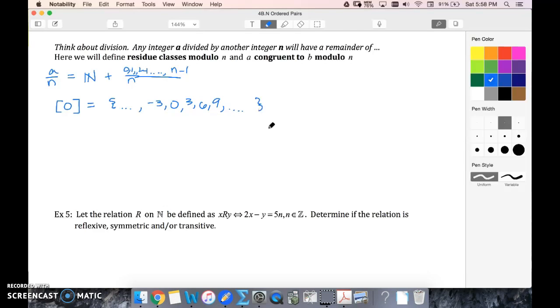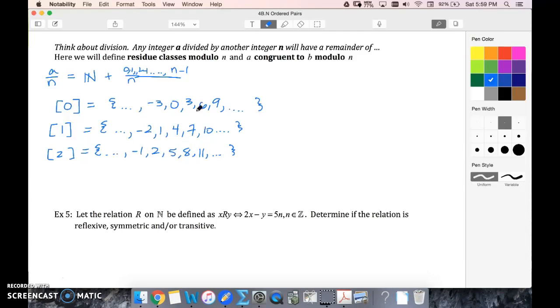If I think about numbers that would have a remainder of 1, it's going to be all the numbers that are 1 greater than these: -2, 1, 4, 7, 10. For a remainder of 2, 1 greater than those: -1, 2, 5, 8, 11.